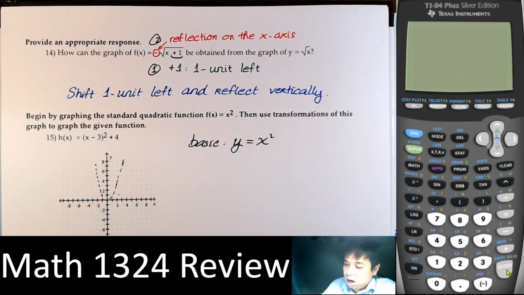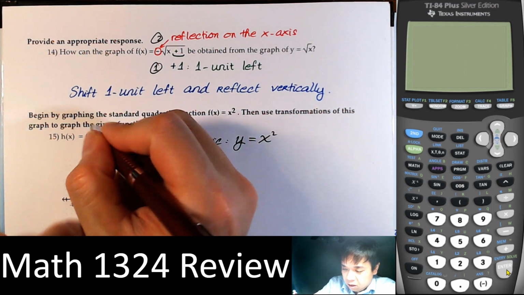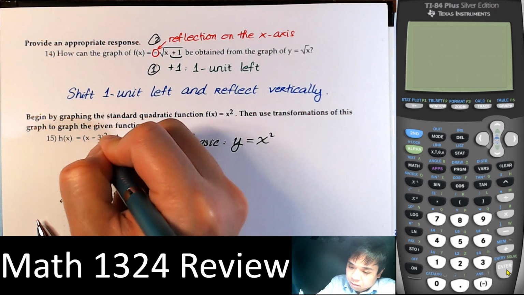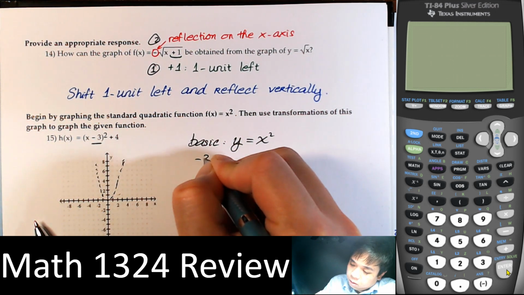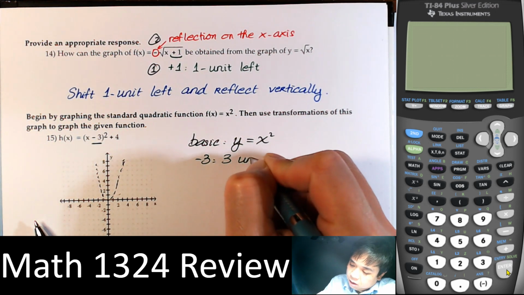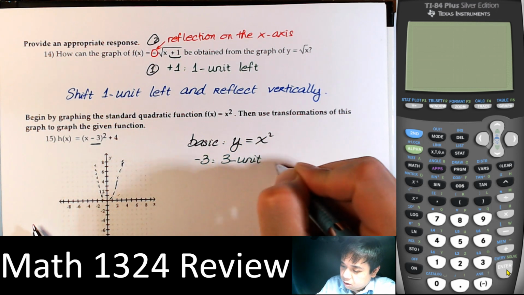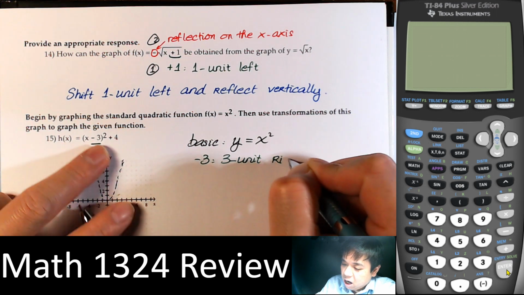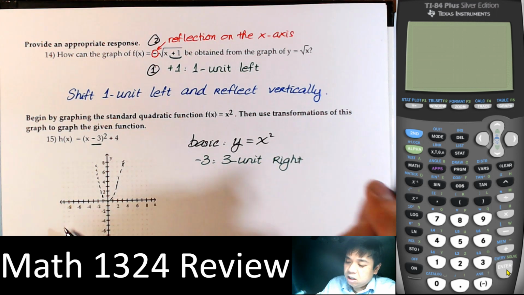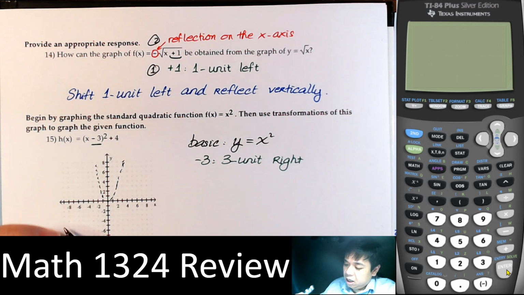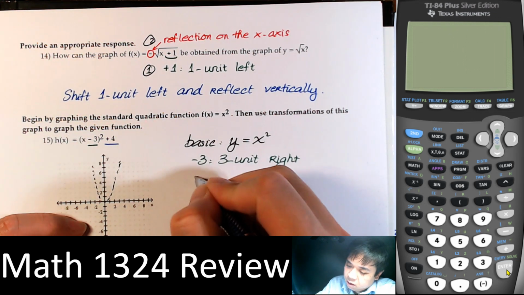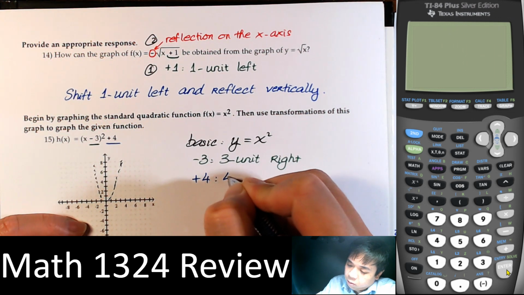And now we have the negative 3. It will be 3 units to the right, with x minus, minus is to the right, and then plus 4, 4 units up.